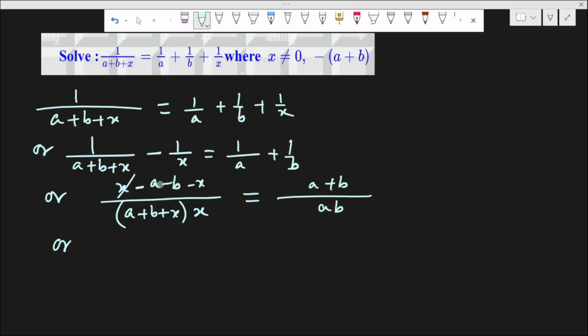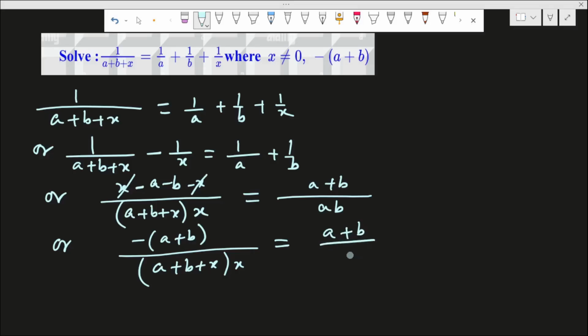See, these x will be cancelled out. If we take out common minus (a plus b), the denominator is x times (a plus b plus x), and the right hand side is (a plus b) by ab. Now a plus b may be cancelled out, so cancelling.